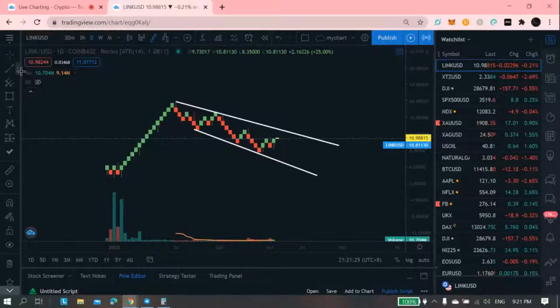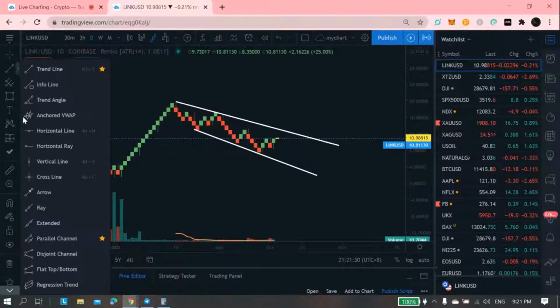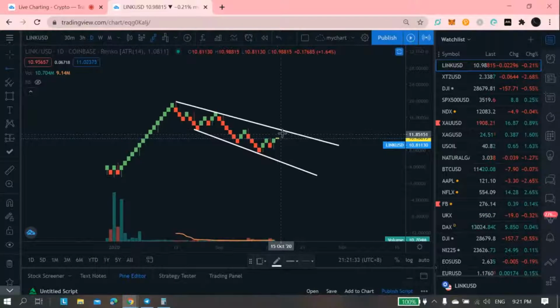So that's the resistance I'm looking at. Let's draw it here. This is the resistance I'm looking at, around this resistance line in our downward channel.